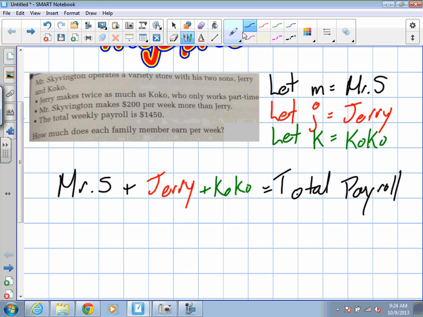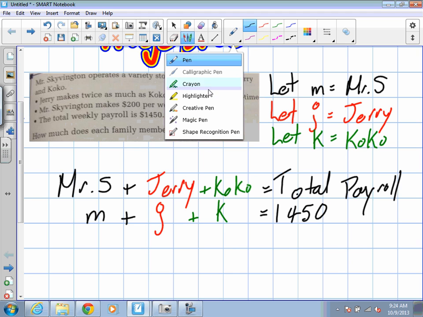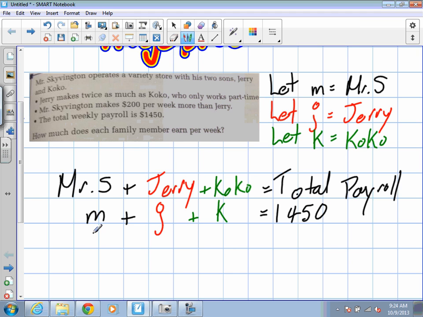We're going to represent these all with our variables. M, Jerry is J, and Coco is K. And the total payroll is $1,450.